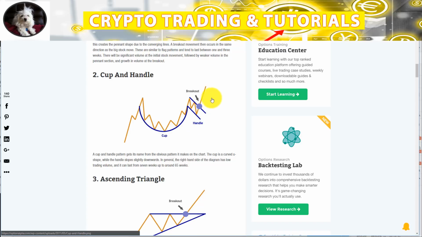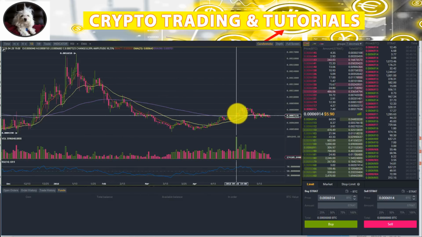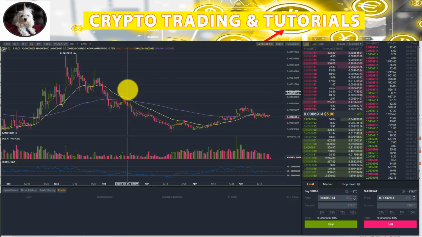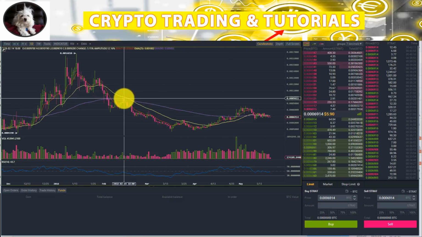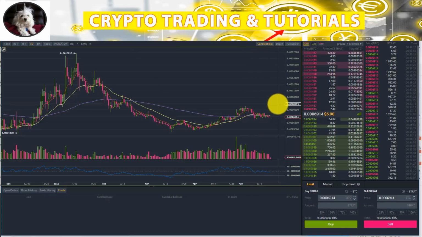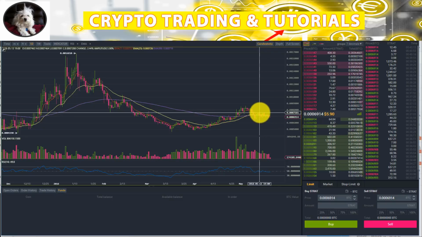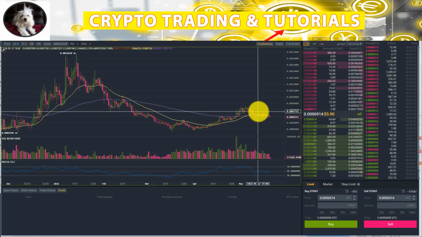So a cup and handle is a common chart pattern, and we might be seeing it play out a little bit here on Strat, right? Keep in mind, they're not perfect cups, but you could say that this is the cup part here, right, on the daily, and then this might be making the handle, right? Nothing is as pretty as it shows in the actual graphs when you look at it, okay?